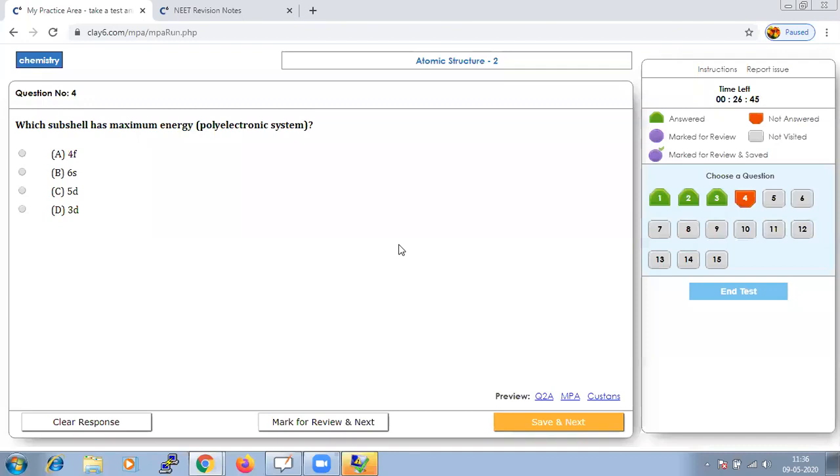Next question says, which subshell has the maximum energy?